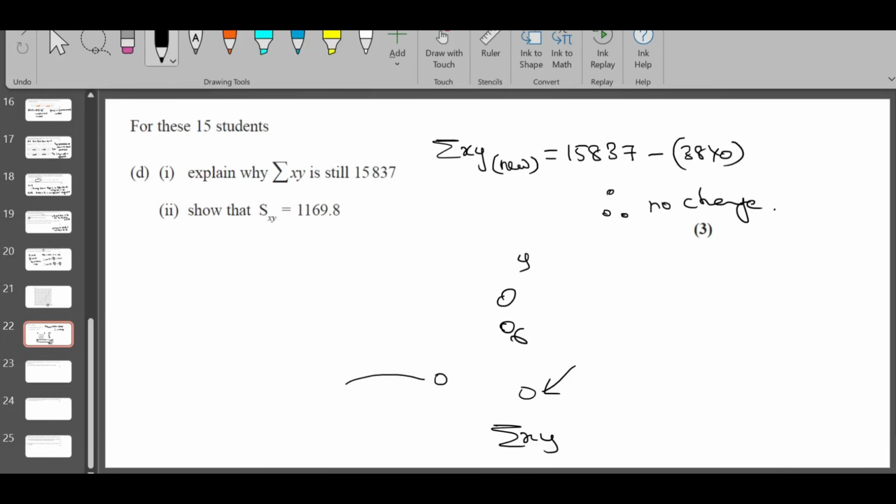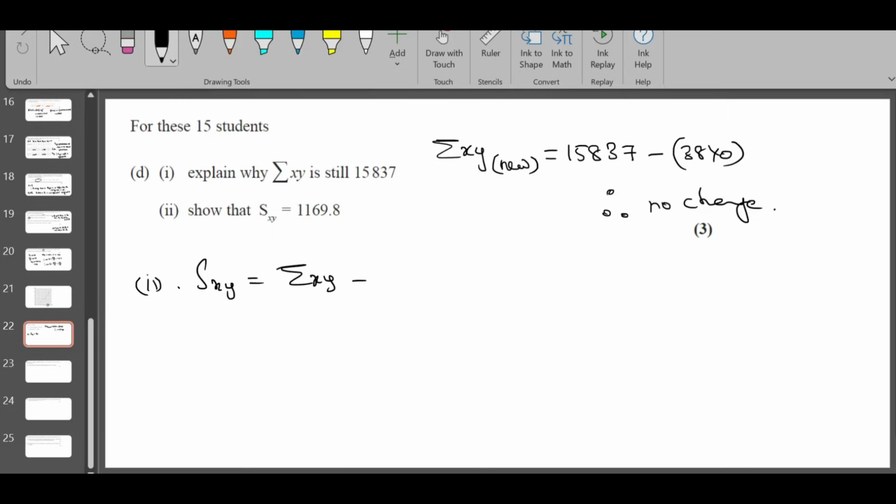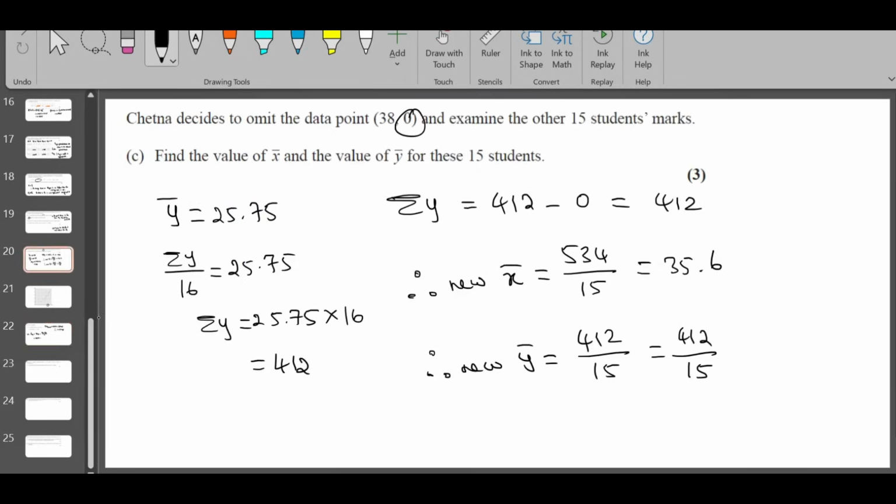And then I find Sxy. Let's use the formula for Sxy. Sxy is sigma xy minus sigma x times sigma y over n. 15837 minus, we have calculated sigma x and sigma y here, right? 534 and 412.